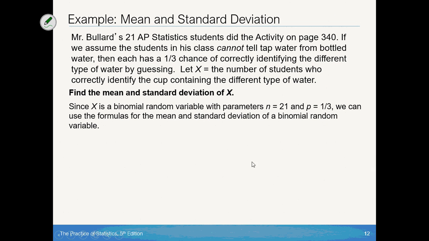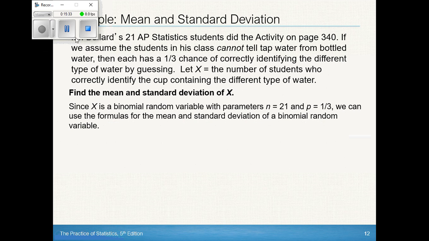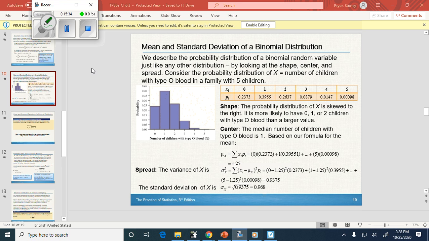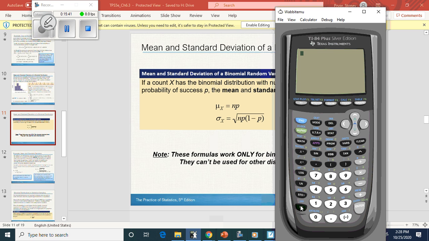So let's look at this example right here. Now I want to show you these formulas again with that problem we just did. So we've got np, that's 5 and 0.25. This is going to be the mean. I'll go back and show you what we got in just a second.